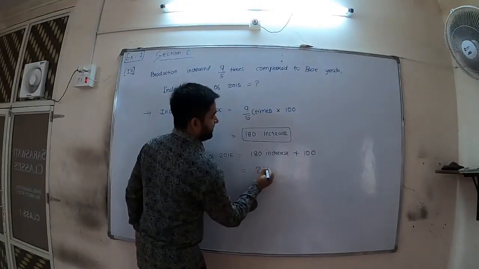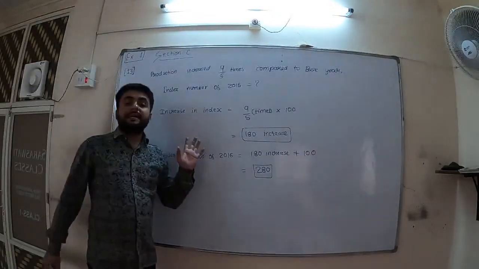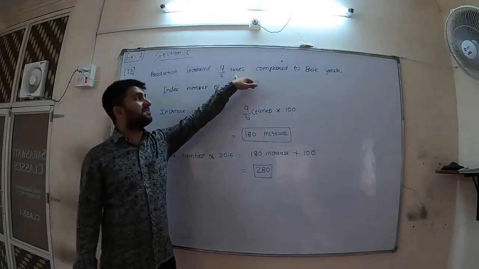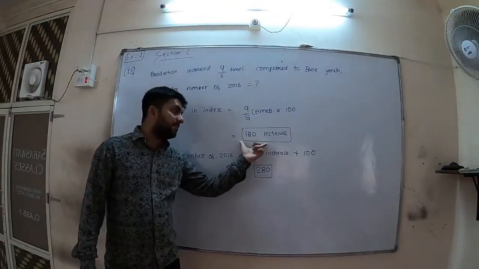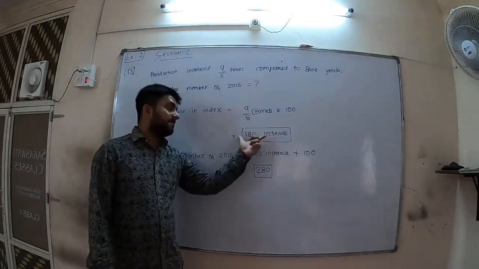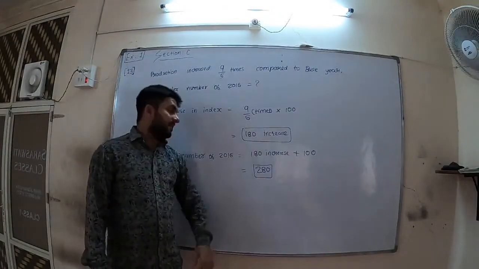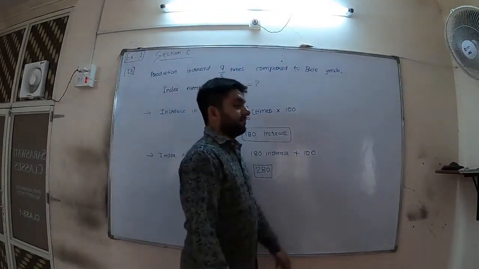The index will be 280. Why? Because increase was not given. Increase was just given as 9 by 5 times. So how much increase compared to 100? Compared to 100, it is increasing by 9 upon 5 times. So multiply 100 means 180 increase. Now 180 increase plus 100, so index is 280.